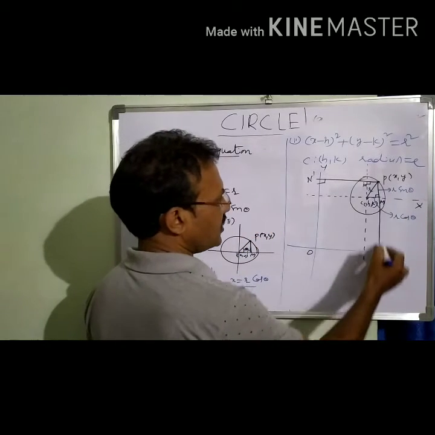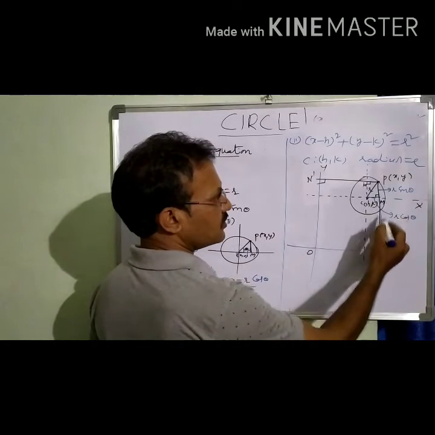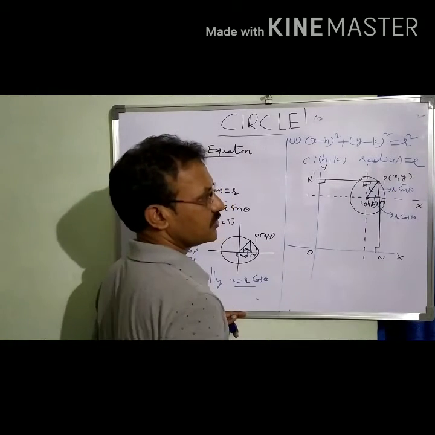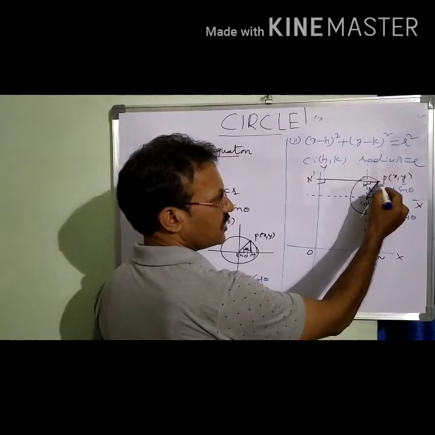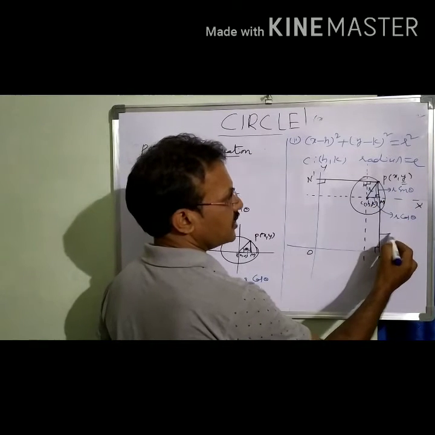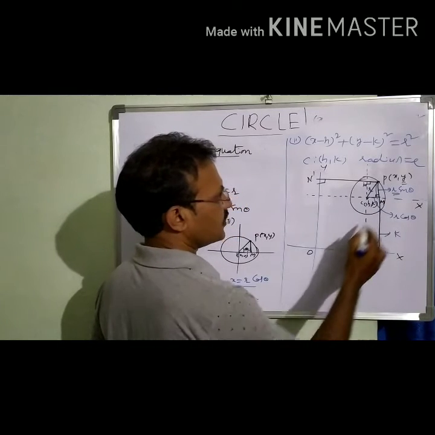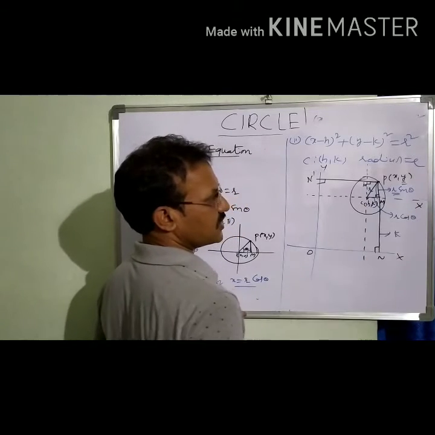From the figure, the y coordinate is the length PN. How can you get it? PM plus MN, which is equal to k plus r sin theta. Therefore y is equal to k plus r sin theta.